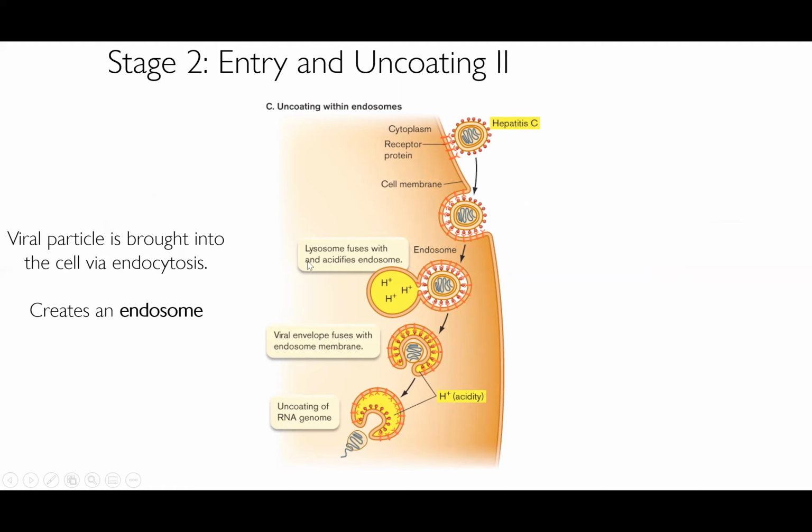After that endocytic vesicle is formed, it fuses with the lysosome and begins to acidify. Acidification leads to conformational changes, simple changes in structure, in the matrix proteins that underlie the envelope itself. So right here.